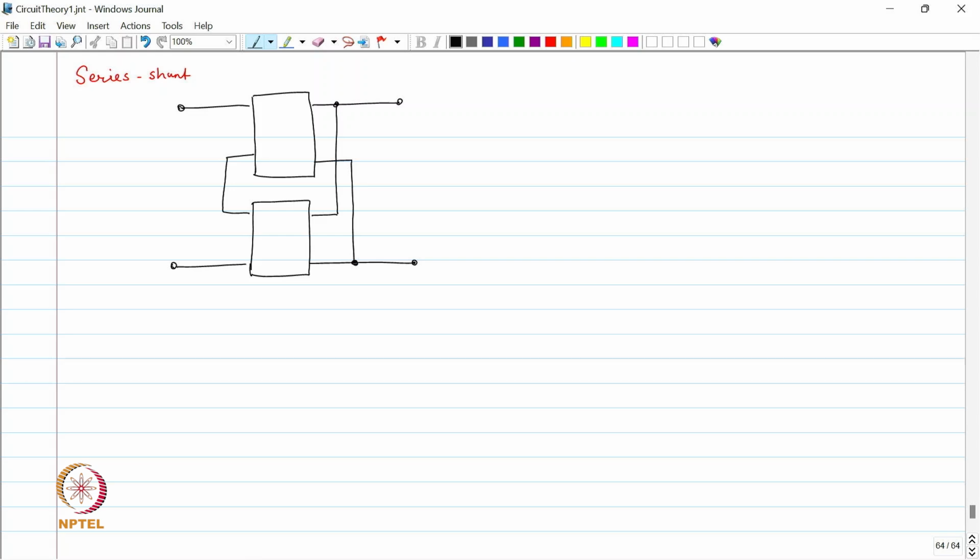Very good. And which 2 port parameter do you want to use? H. Very good. We are going to use the H parameters in this case.